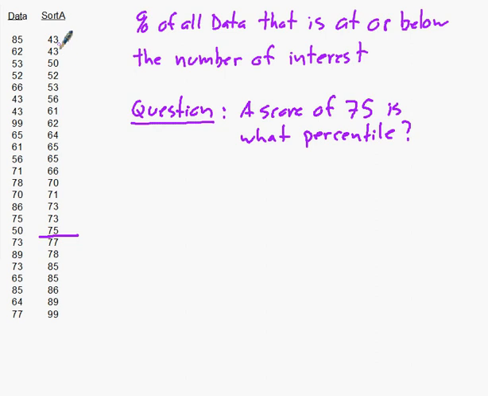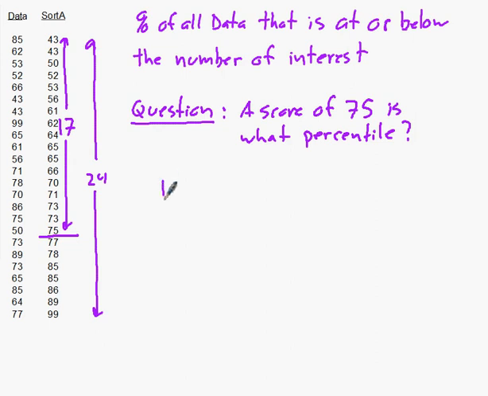And if you were to count up, there were 17 at or below our number of interest of 75. There happened to be 24 data points total.